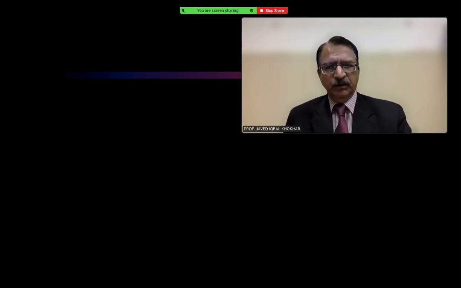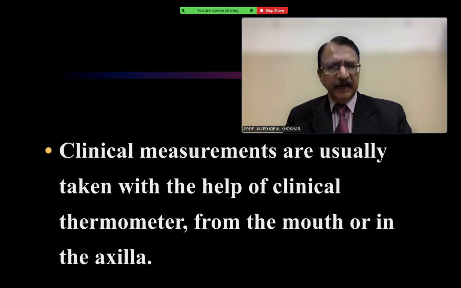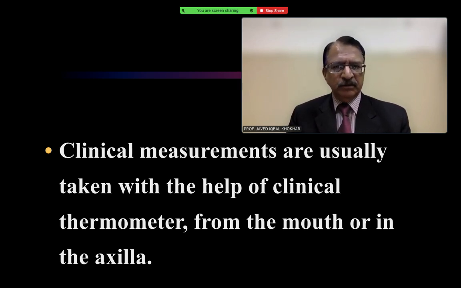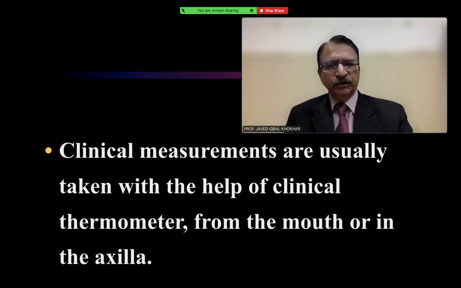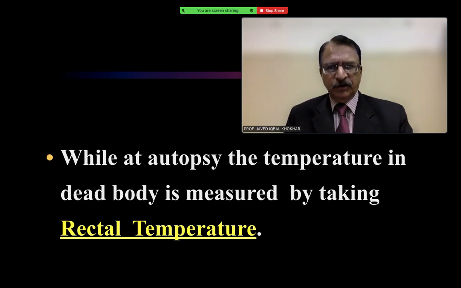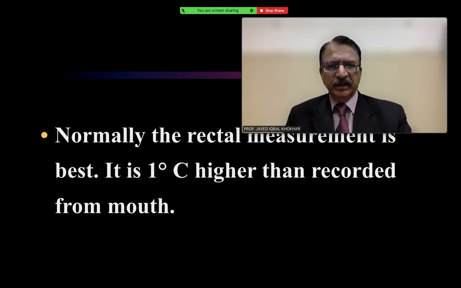With the clinical thermometer, measurements are made by keeping it in the mouth or the axilla and the temperature is recorded. While at autopsy or in dead bodies, the temperature is measured from the rectum. That is, the rectal temperature is taken. Normally the rectal temperature is the best. It is 1 degree Celsius higher than that recorded from the mouth.